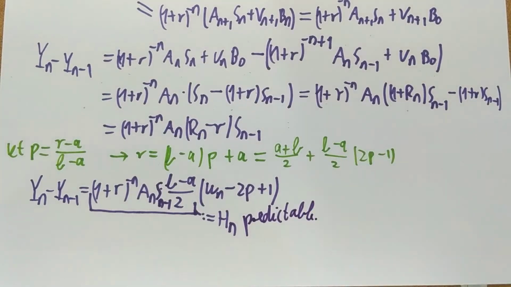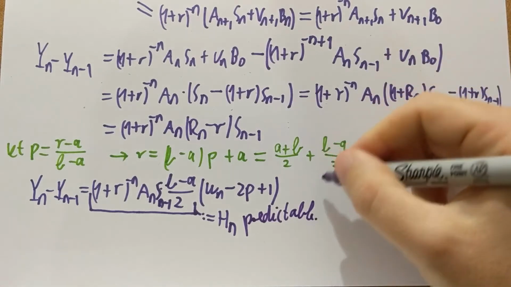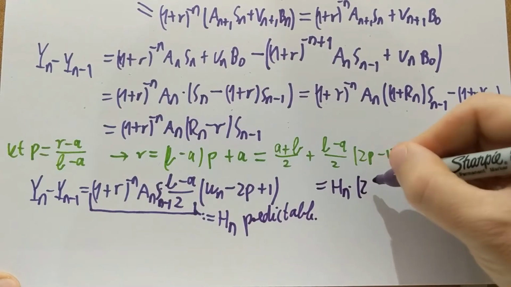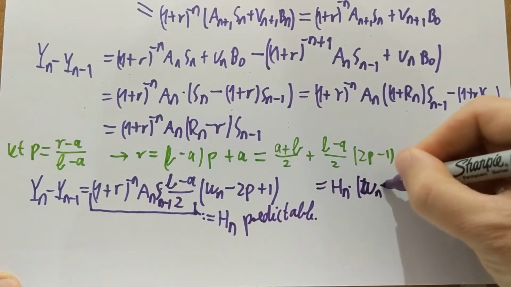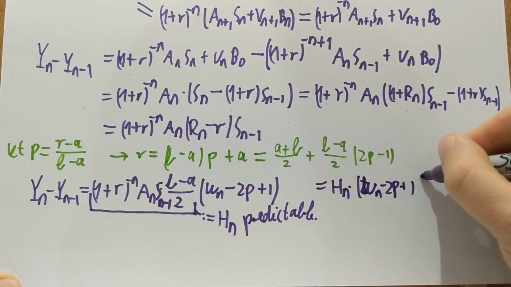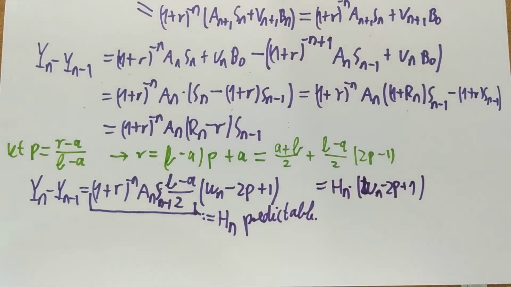Okay, this is predictable. And if I go back to, well, first of all, if I just repeat what I have. So this is hn times omega n minus 2p plus 1.